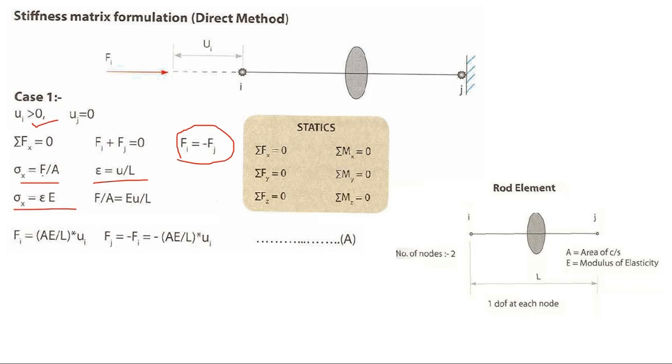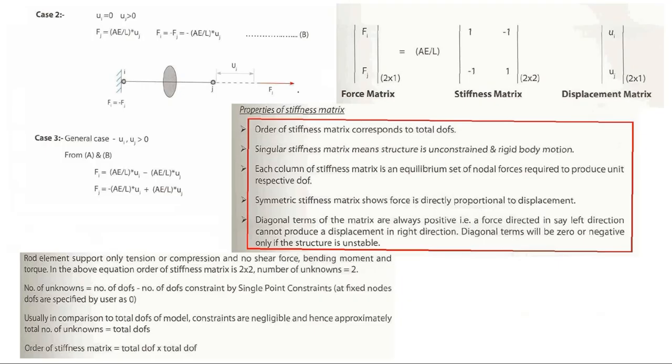So we know the stress, and stress times strain into area, Young's modulus. So we know F equal to AE by L times U. From this we will come to know the stiffness value AE by L. So this is the stiffness matrix we can come to know from here. AE by L, AE by L like that it will come.